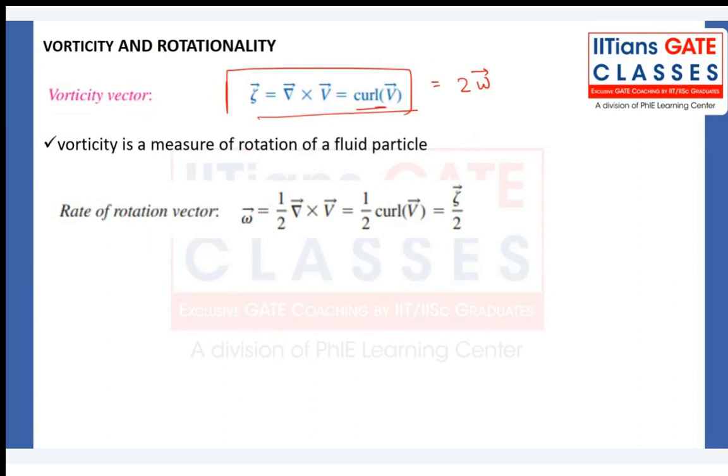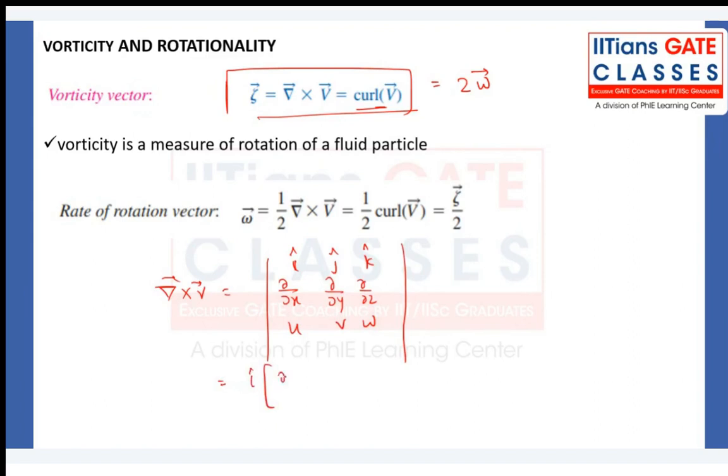What is the del cross V? i cap, j cap, k cap, dou by dou x, dou by dou y, dou by dou z, u v omega. So when you write i cap, that is dou omega by dou y minus dou v by dou z.